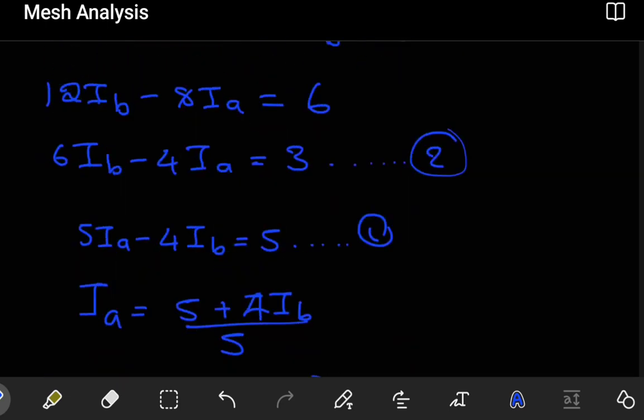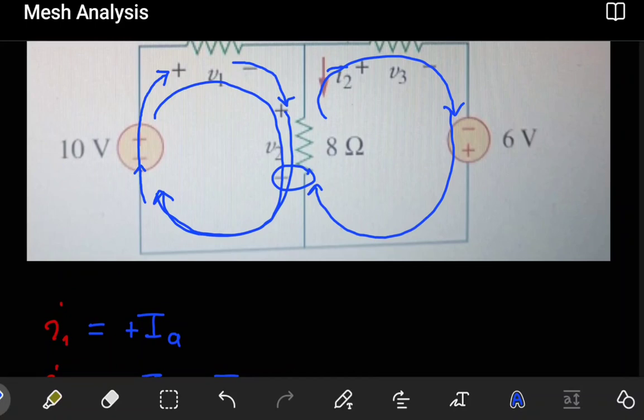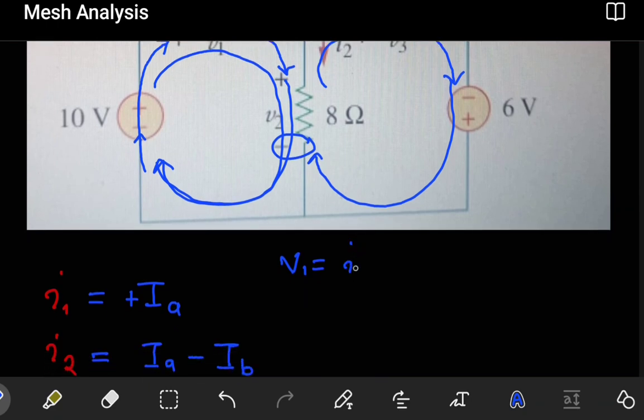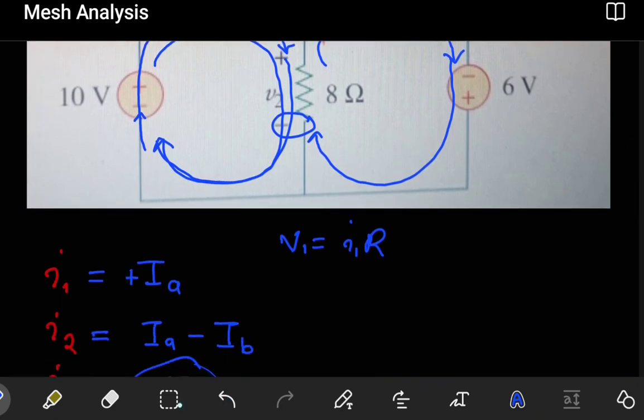The second part of the question was to find the indicated voltages, V1, V2, and V3. We know we get voltage by Ohm's law. V1 will be equal to I1 times R1, which in this case is 2 ohms. So it will be the value we found for I1 times 2 ohms.